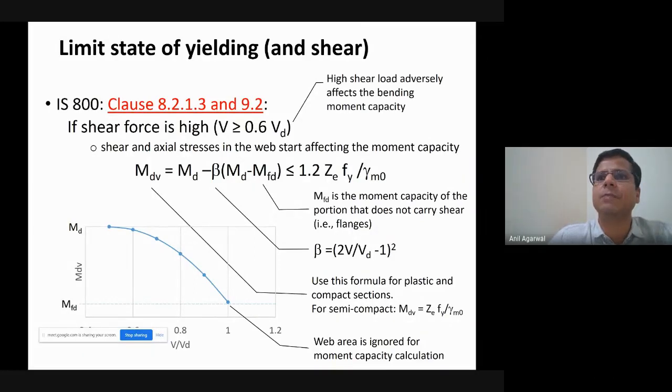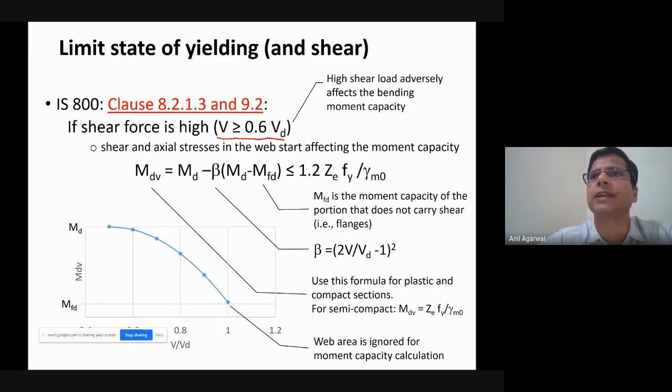So if your shear demand has increased beyond 60% of the shear capacity value, that means the capacity of the web to contribute towards flexure is diminishing.